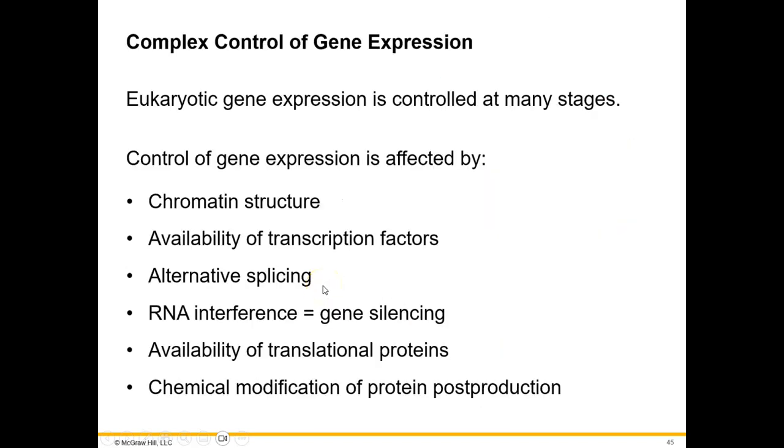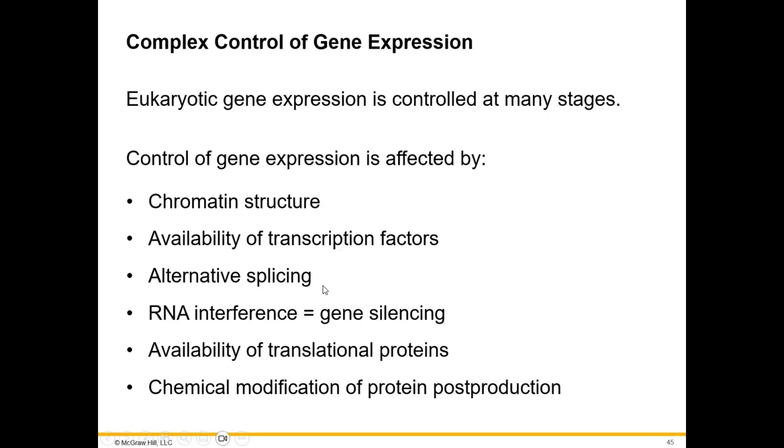When we talk about eukaryotic gene expression, it is controlled at many stages. Control of our gene expression can be affected by all of these things. So it can be affected by our chromatin structure, including how it's wrapped around histones and how condensed our chromatin is. It can also depend on the availability of our transcription factors.